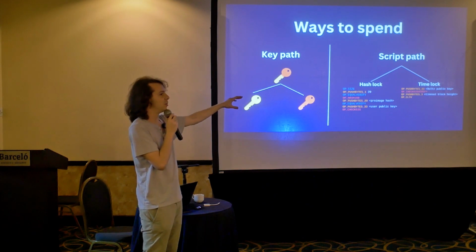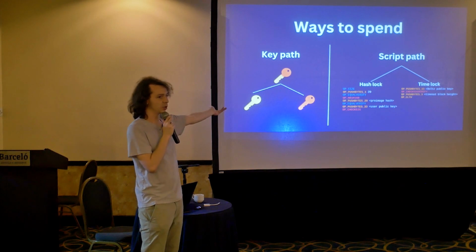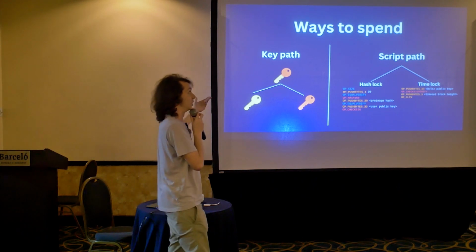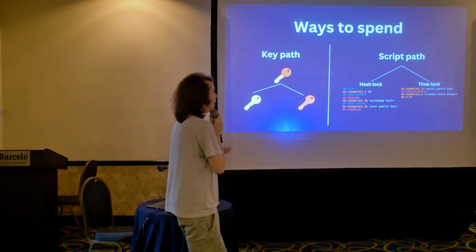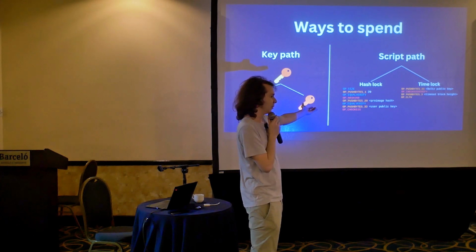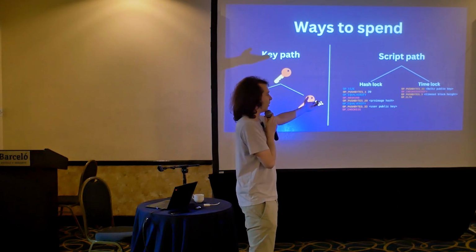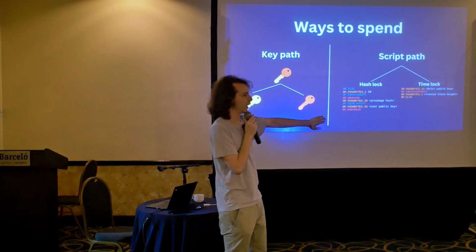That means you can spend both ways, either by signing together and agreeing on what's supposed to happen, or in case you don't want to agree or can't agree because someone is trying to cheat, you can just show up to the chain and say, hey, this public key was multiplied with this tree of scripts. Here's the script I want to execute.